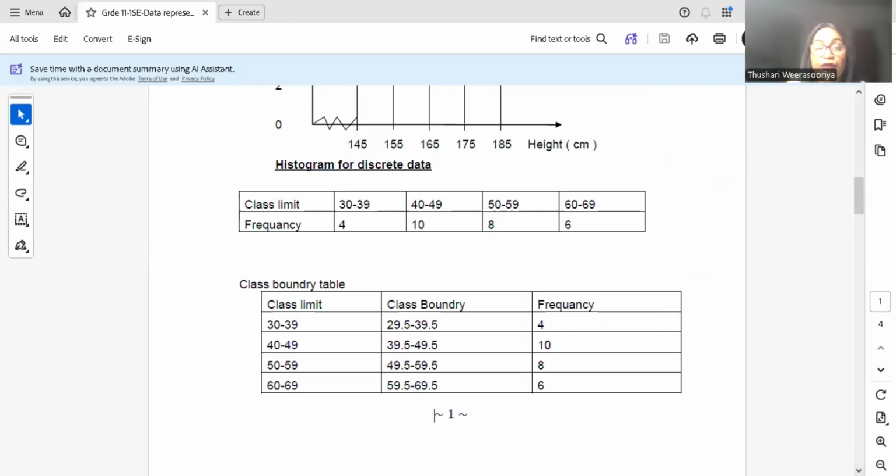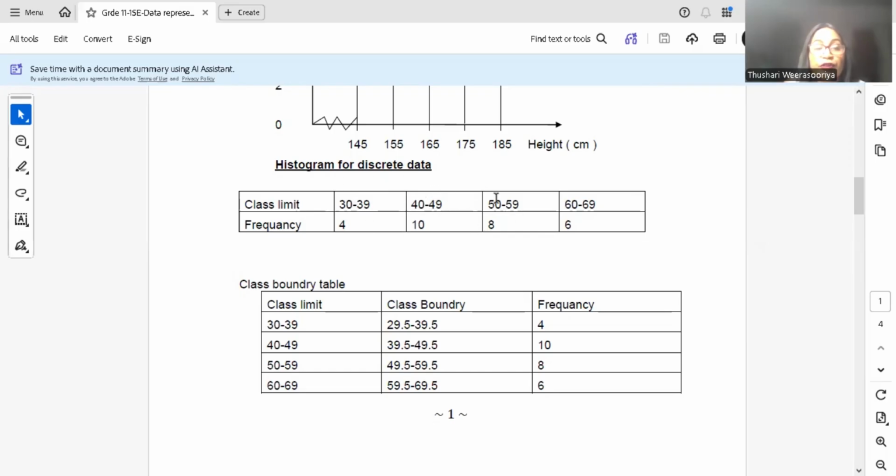You know, there are two types of data. Discrete data is data for whole numbers, and continuous data is for decimal numbers and fractions. Discrete data means whole numbers. Now, look at this data, 30 to 39. Between 39 and 40, there is no data, no decimal numbers, because this is discrete data.